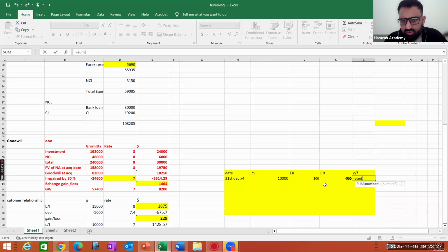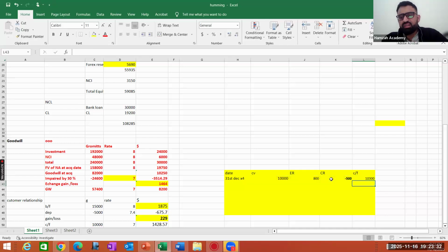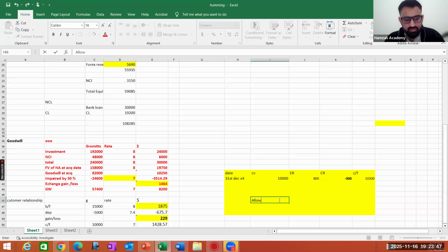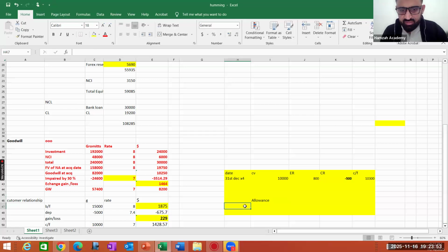So the closing value of the financial asset is 10,300. And when they purchased this bond, the loss allowance they recognized at December X3 was 10.